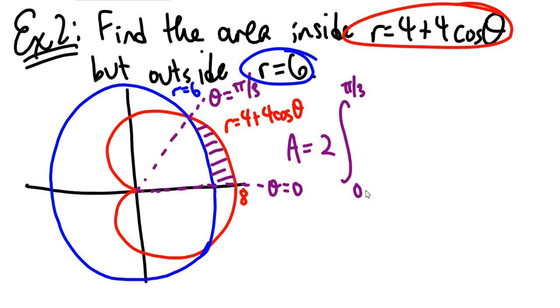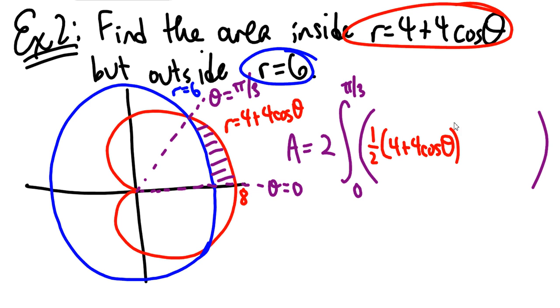What are we going to integrate between 0 and pi over 3? Well, in Calc 1, we would have done top curve minus bottom curve, but that's not what we're going to do here. We're going to find the red area and subtract out the blue area. Well, what's the red area? The red area is 1/2 r squared d theta.